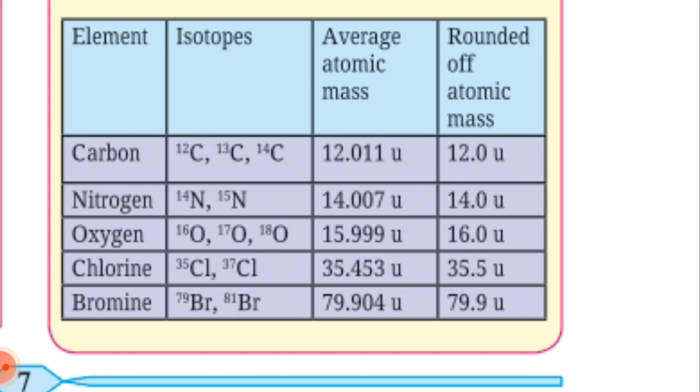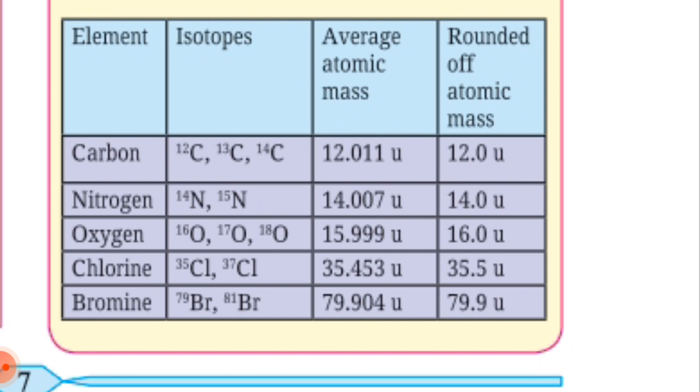Nitrogen-14, nitrogen-15, average atomic mass is 14.007 u. Rounded off atomic mass is 14.0 u. Oxygen isotopes 16, 17, 18, average atomic mass is 15.999 u. Rounded off atomic mass is 16.0 u.